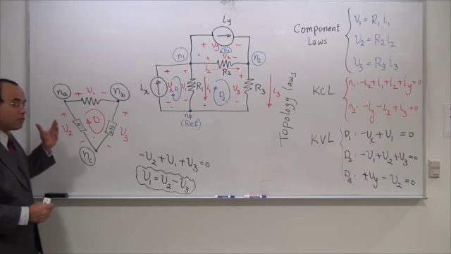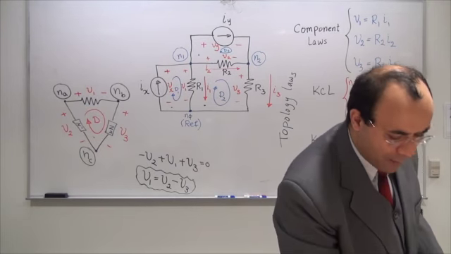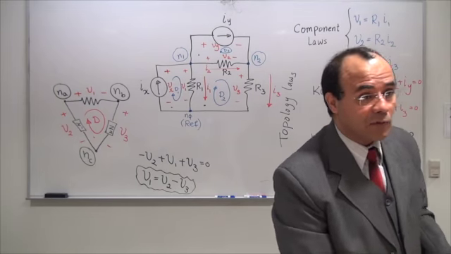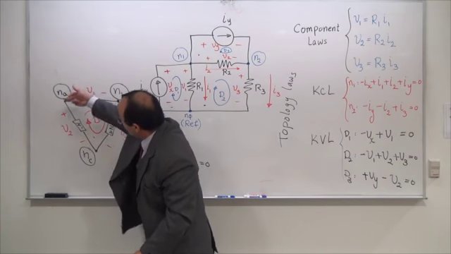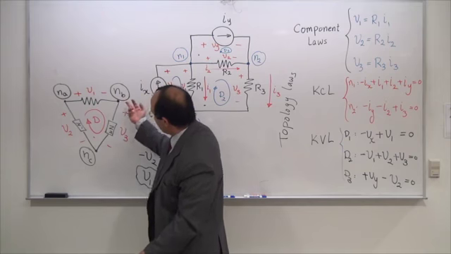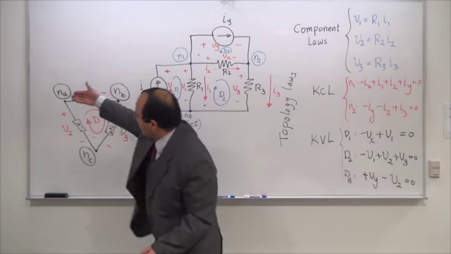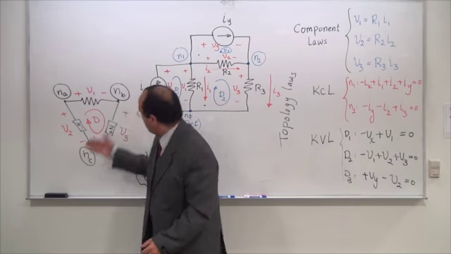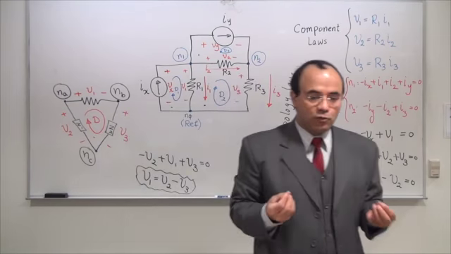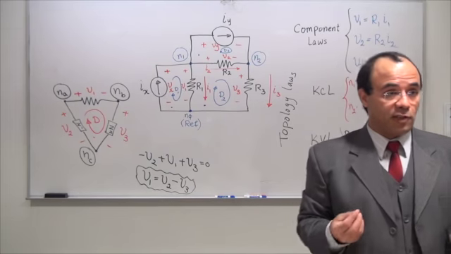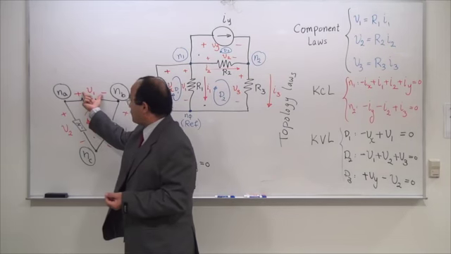Now, perhaps there is a way I can break this up into different variables. This voltage is equal to this voltage minus this voltage, based on the polarity I have. As soon as I say this versus that, I introduce the node voltages. So this is the component voltage.